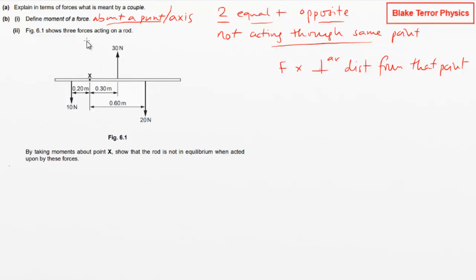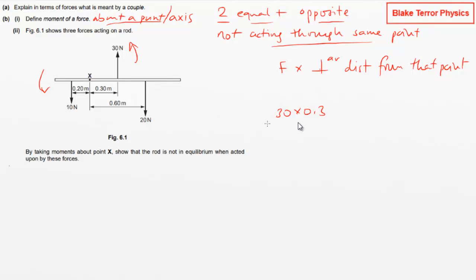All right, now they're giving us 3 forces acting on a rod. By taking moments about point X, show that the rod is not in equilibrium when acted upon by these forces. Okay, so we can look at clockwise and anti-clockwise and then see what's happening. So for clockwise, we've got 30 times 0.3, because, oh no, that's anti-clockwise, sorry.